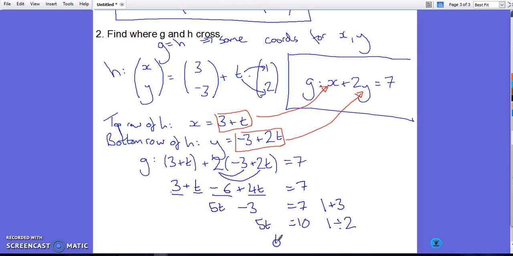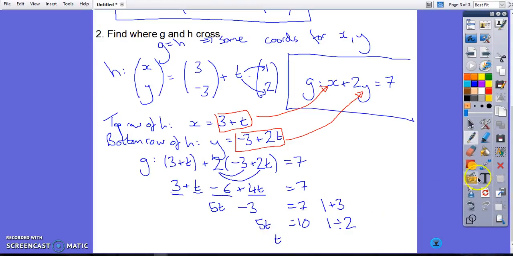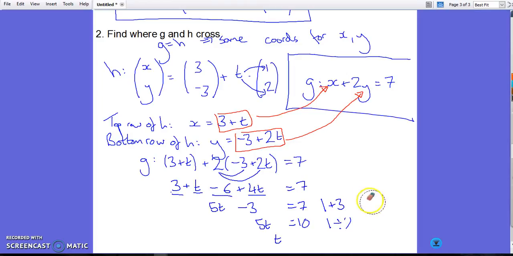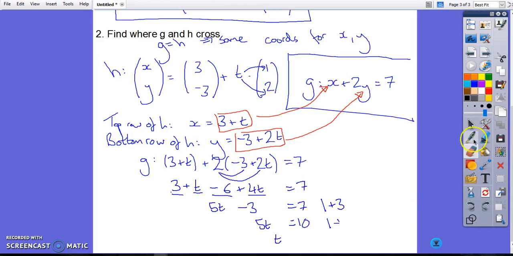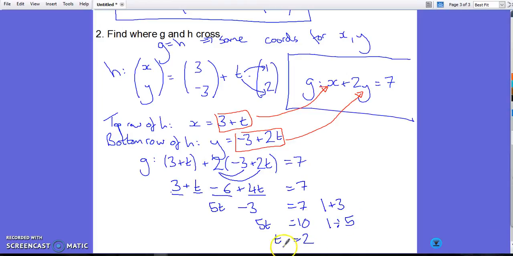Divide by 2. Oh, divide by 5, sorry. Jumping ahead of myself a little bit. Divide by 5 and I get t is equal to 2.